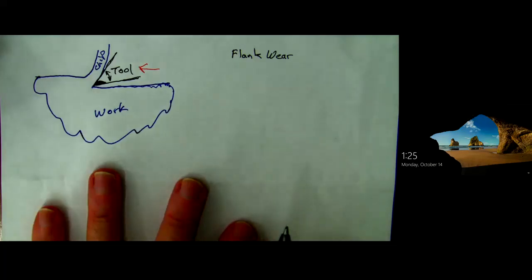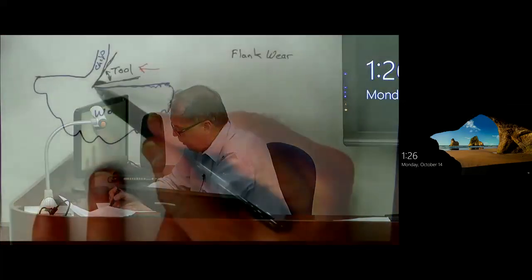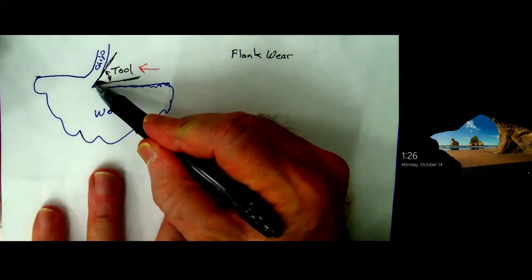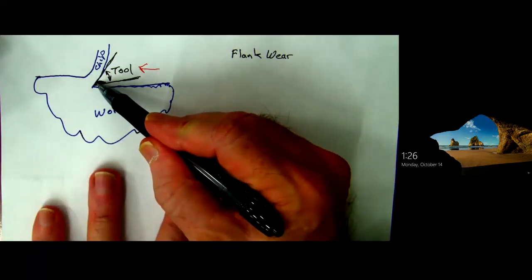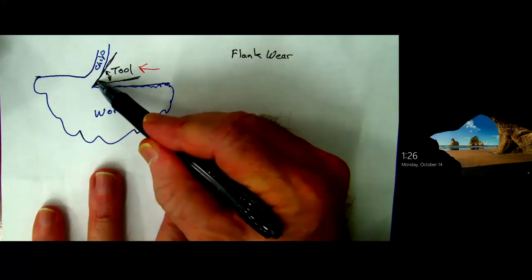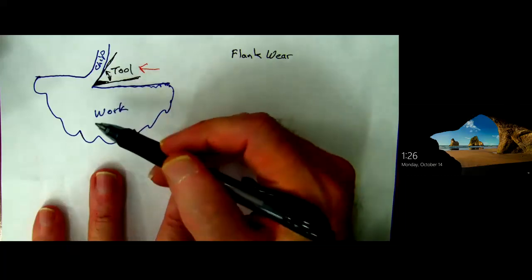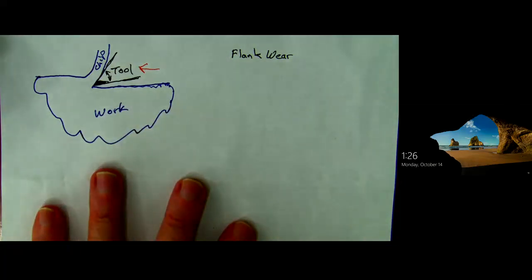What's black there disappeared from working. It started right here at the tip, that part wore away, so it wore back, and then it rubs on this surface, so eventually I get something like this worn away. That's called a flank wear, okay?